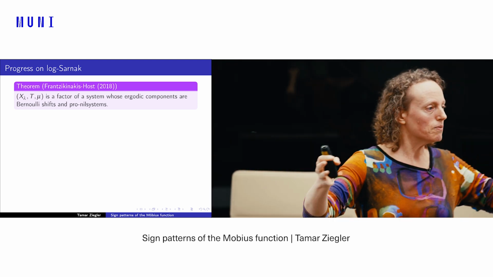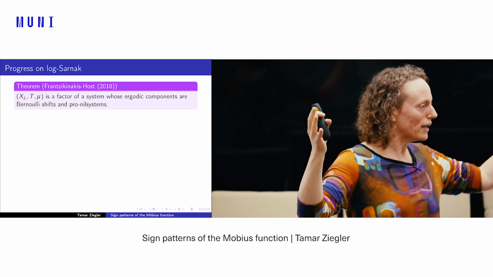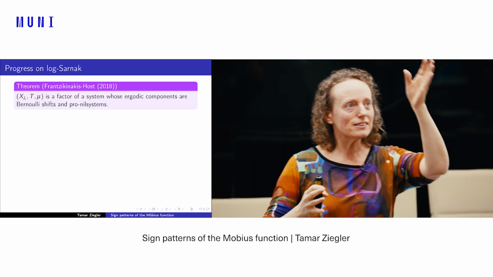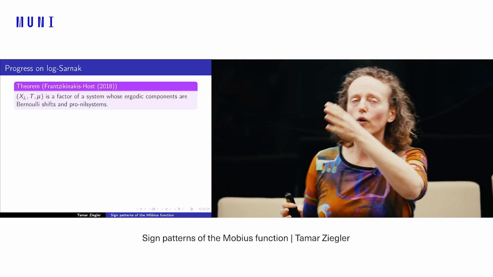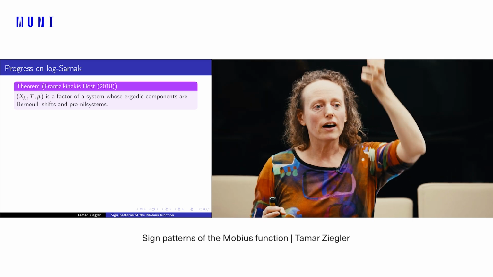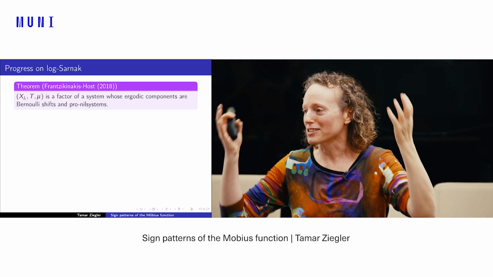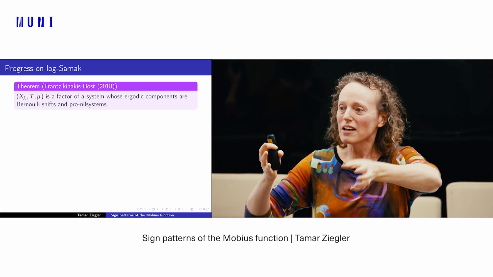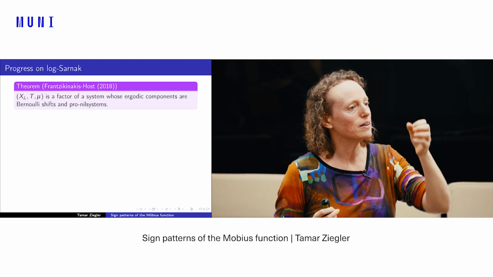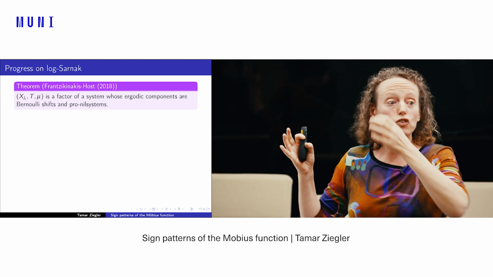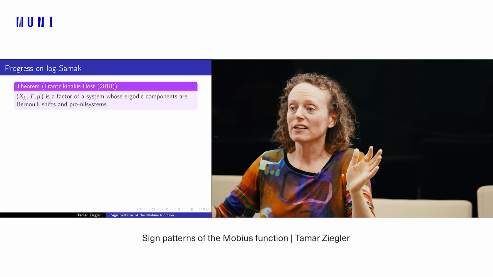No matter what system measure you get in the end, that system has ergodic components. Think of them as the prime factors, in some sense, of this system: the building blocks are made of two types of systems that we understand.